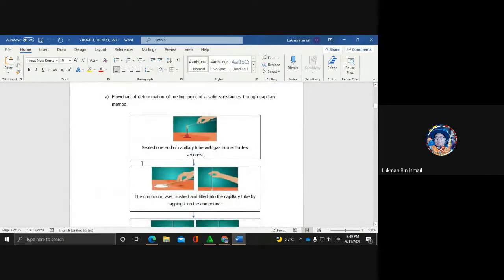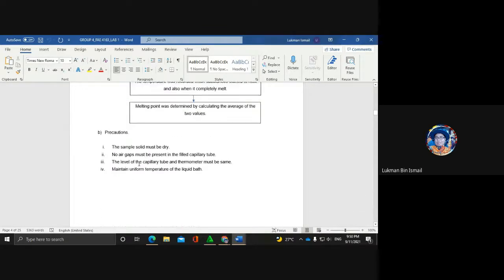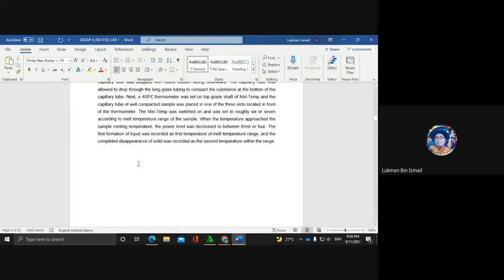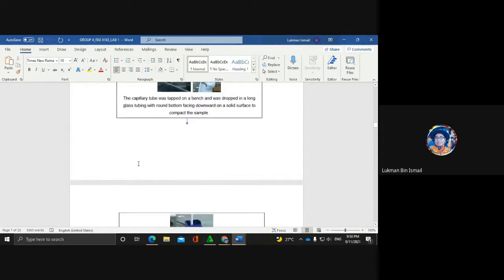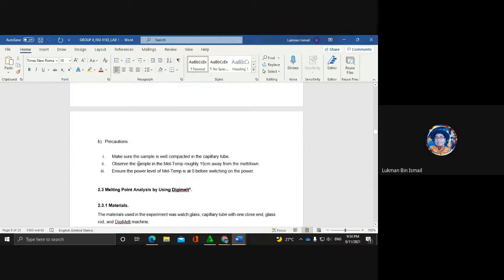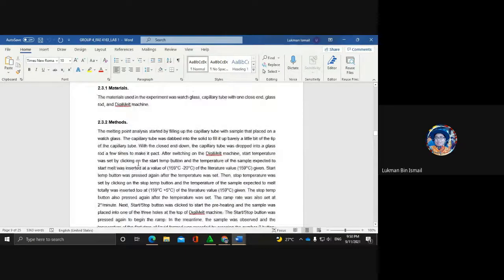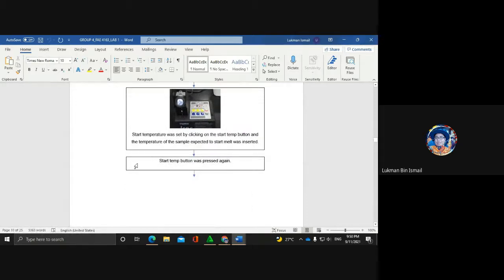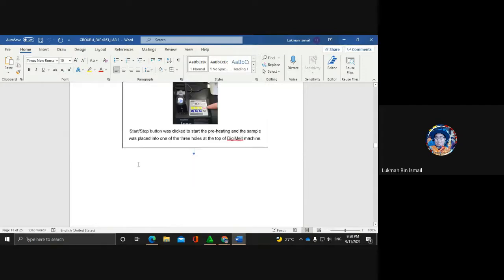Okay, and then you have a snapshot of the video explaining the methodology, precautions, and then you have materials and methods, explaining the steps using a snapshot of the video, you have precautions, and then number 3, materials, methods, and explaining the steps using flowchart with the snapshot of the video.